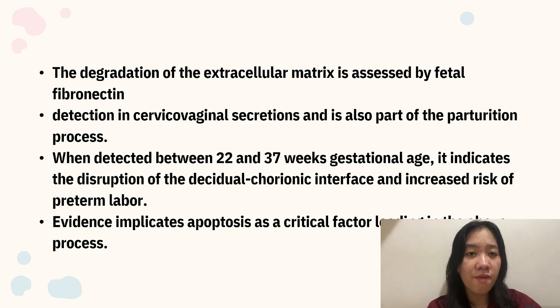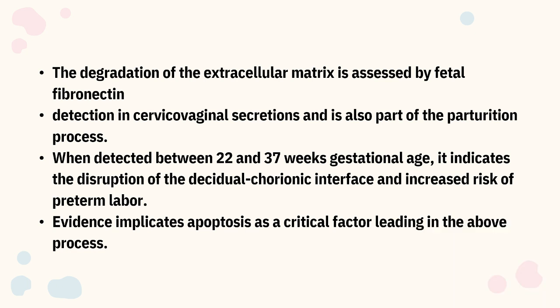The degradation of the extracellular matrix is assessed by fetal fibronectin detection in cervicovaginal secretions and is also part of the parturition process. When detected between 22 and 37 weeks gestational age, it indicates disruption of the decidual-chorionic interface and increased risk of preterm labor. Evidence implicates apoptosis as a critical factor in the above process.